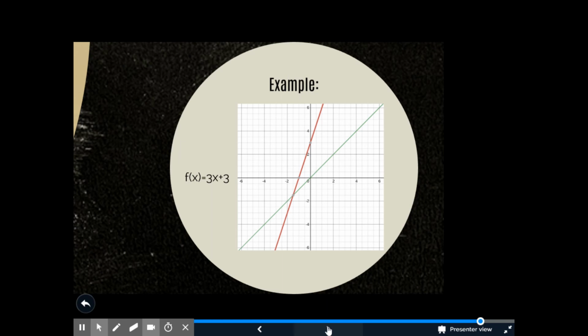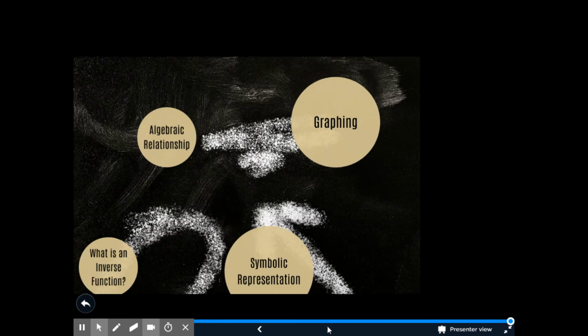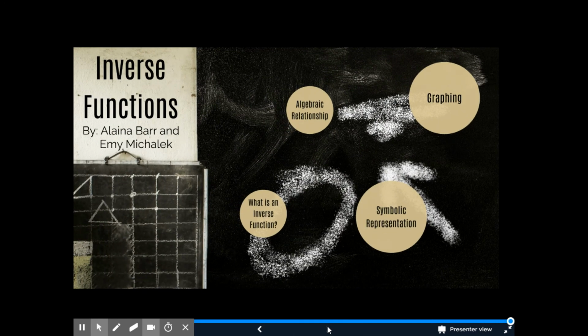Then you go up 1 over 3. So it's just going to, again, flip-flop over the green line. And that is how you graph them. And that's just how you solve and graph an inverse function. Awesome. All right, thanks, guys.